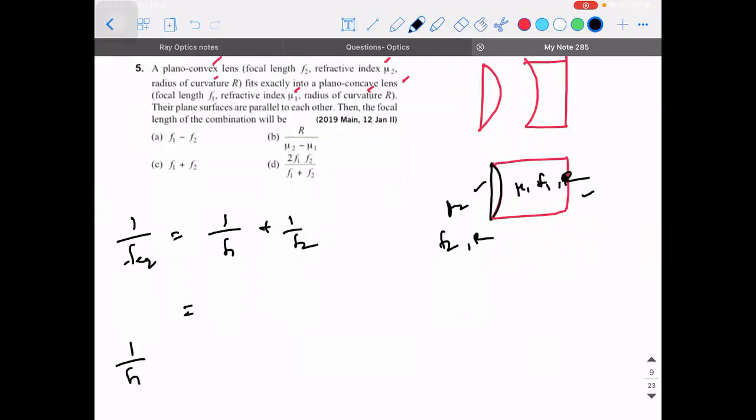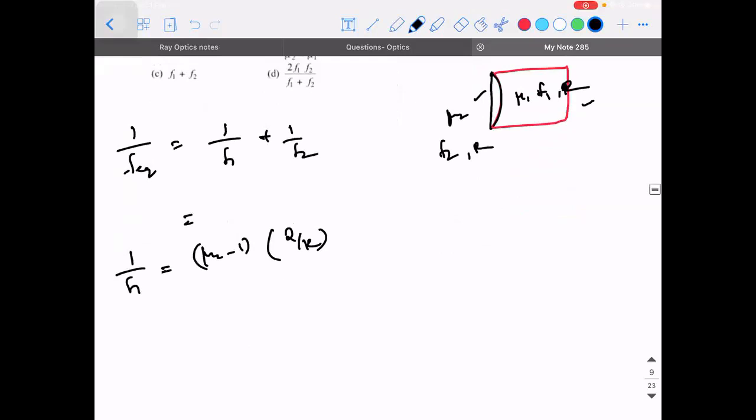So 1 by f1 is how much? Mu minus 1, that is mu2 minus 1 into 2 divided by r, 1 by r. One by r negative, minus 1 by r. 1 by f2 is mu1 minus 1 into minus 1 by r.